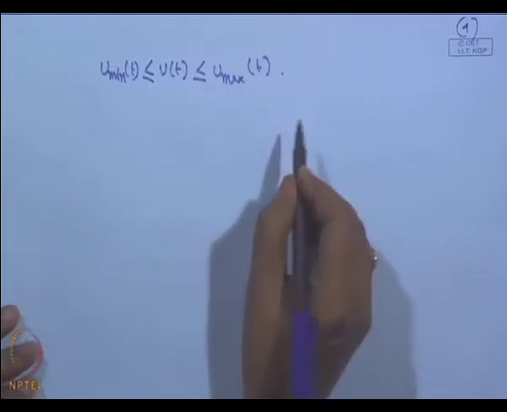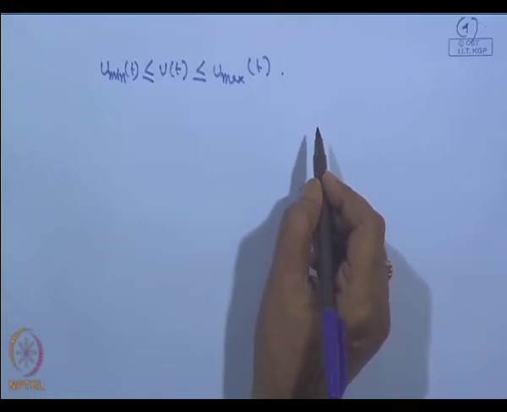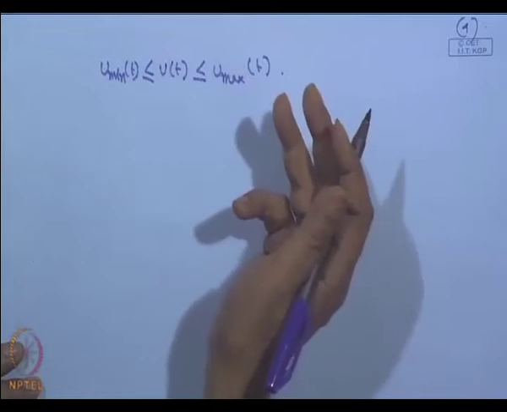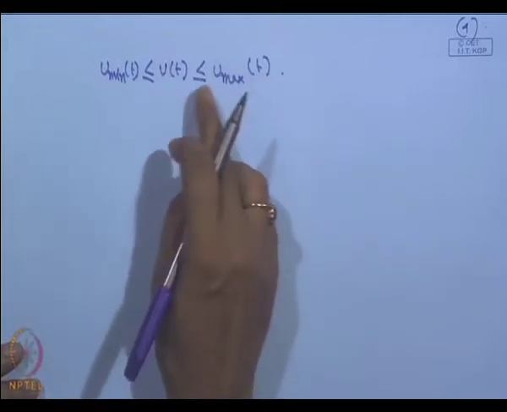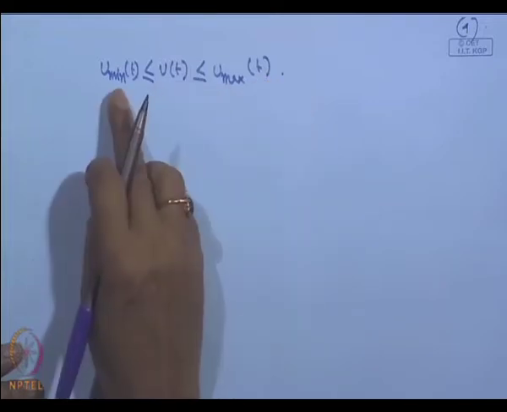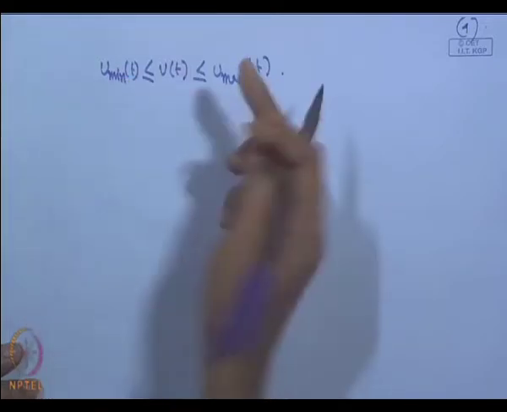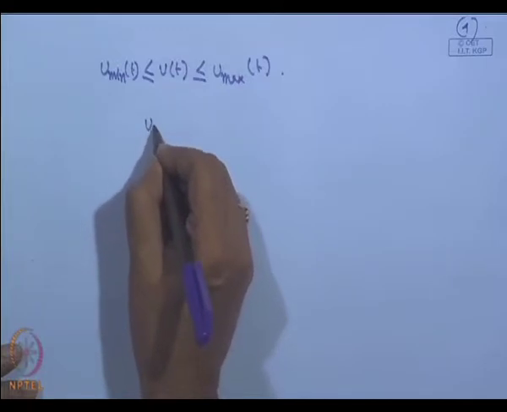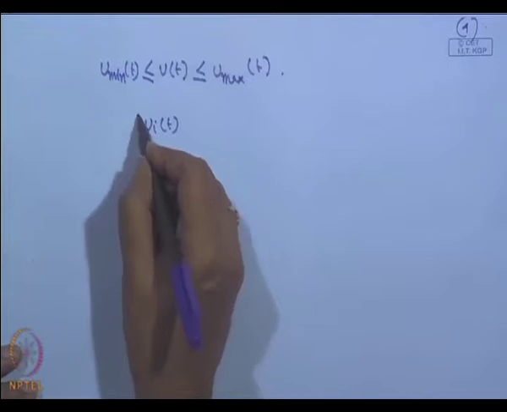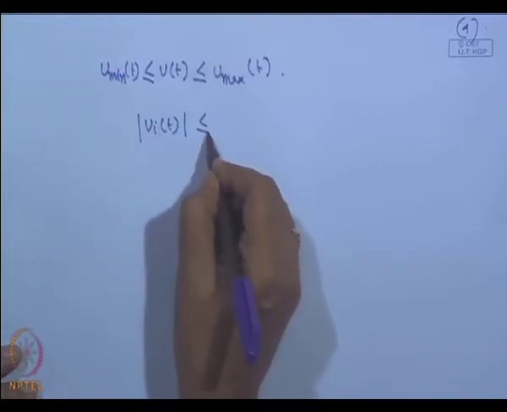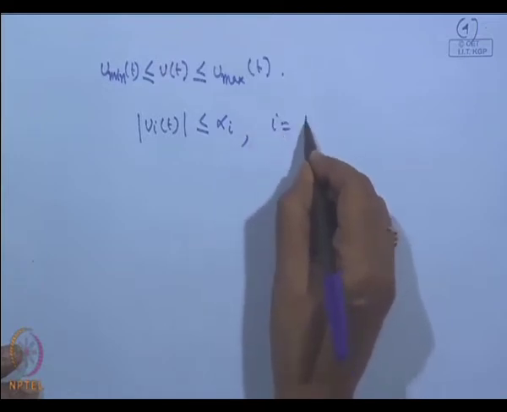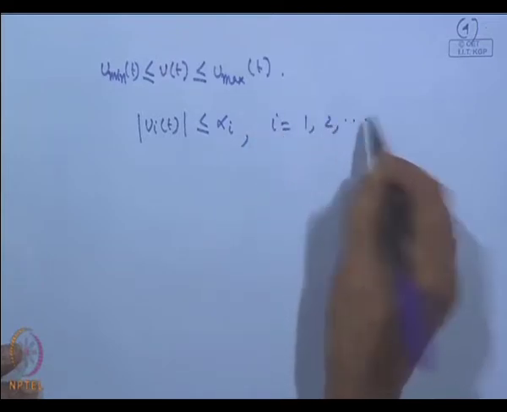Or in other words, if the lower limit and upper limit are the same, suppose this u max is 5 volt and u minimum is also 5 volt, then in that sense I can write that each component of u, its magnitude, must be less than or equal to alpha i, where i is equal to 1, 2, dot dot, m, for all t.